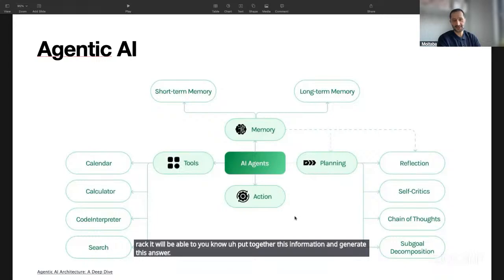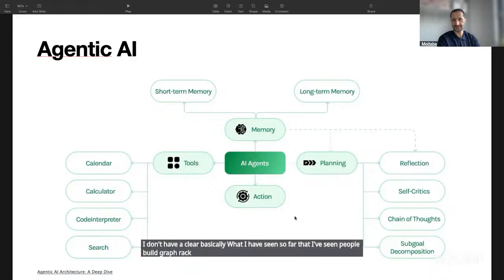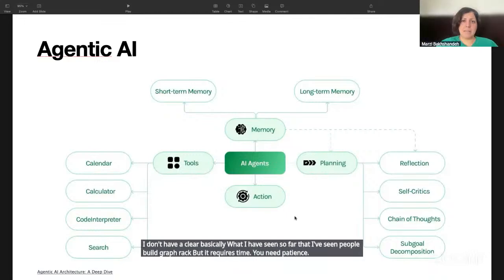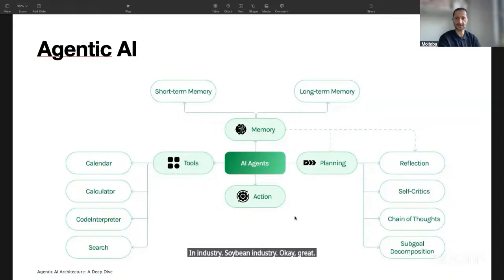What I have seen so far is that people build graph RAG, but it requires time. You need patience. Did you see it in industry? Yes, I've seen it.